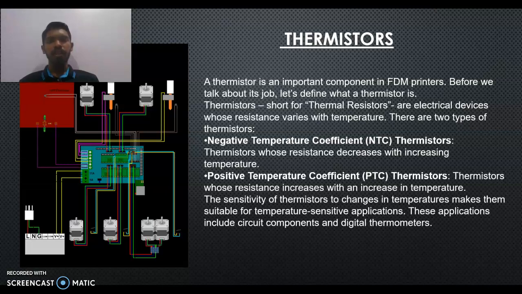An NTC is a thermistor whose resistance decreases with increasing temperature. So if you use an NTC, the thermistor's resistance will decrease if the temperature is increasing in the product we are using the thermistor on.